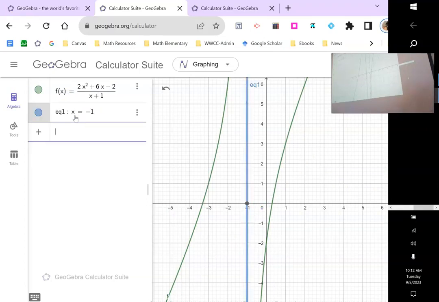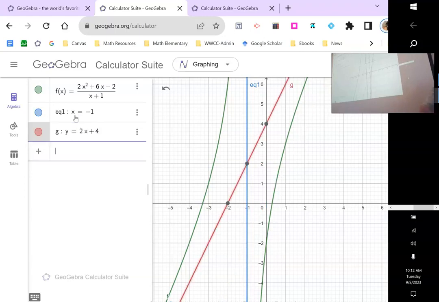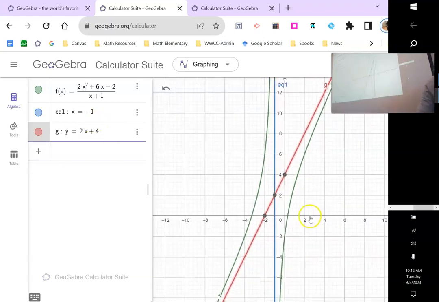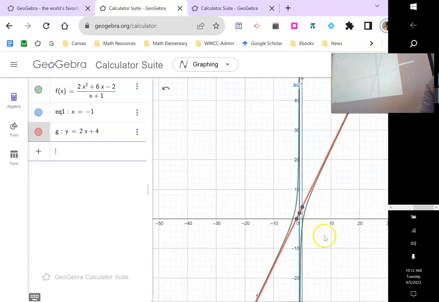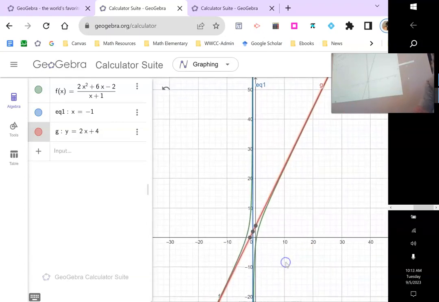And our slant asymptote was y equals 2x plus 4, and let me zoom out here. And you can see, first off, because the degree of the numerator is bigger, it's going off to either infinity or minus infinity.